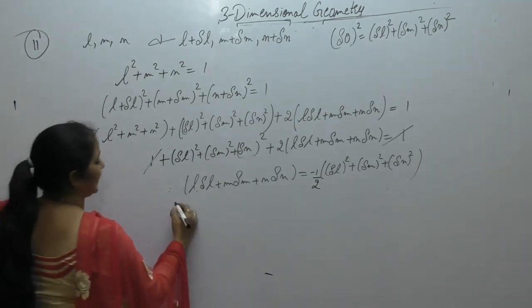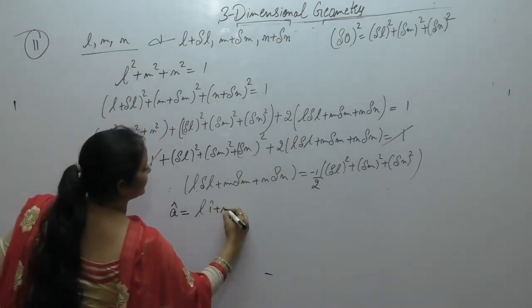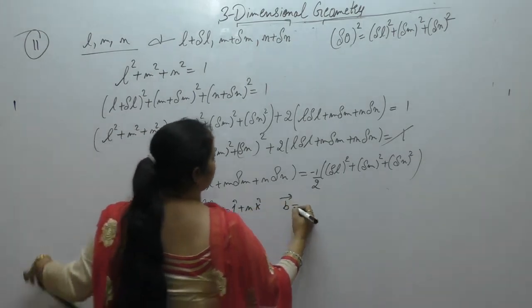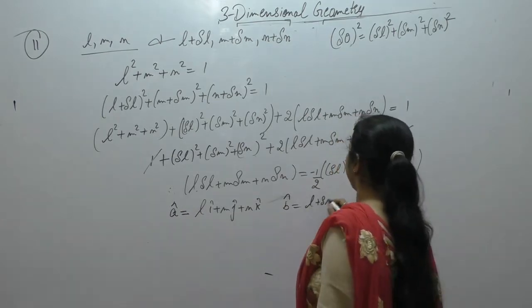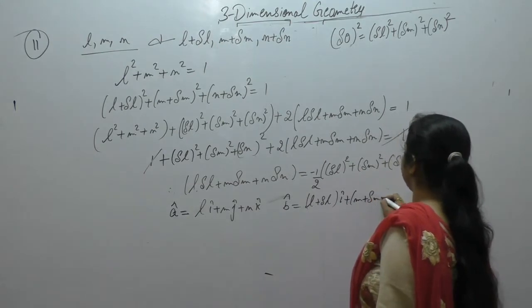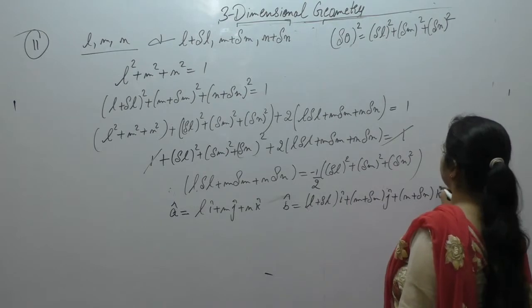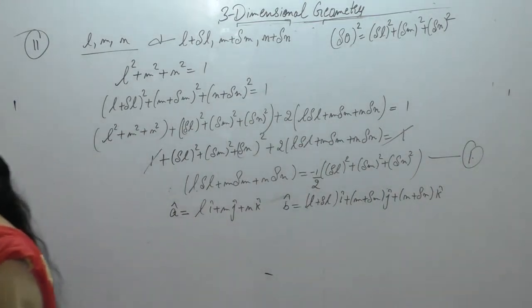Let a cap be the unit vector along this line, then li plus mj plus nk, and b vector is the unit vector along this, (l plus delta l)i, (m plus delta m)j and (n plus delta n)k. Let this equation be equation number 1.